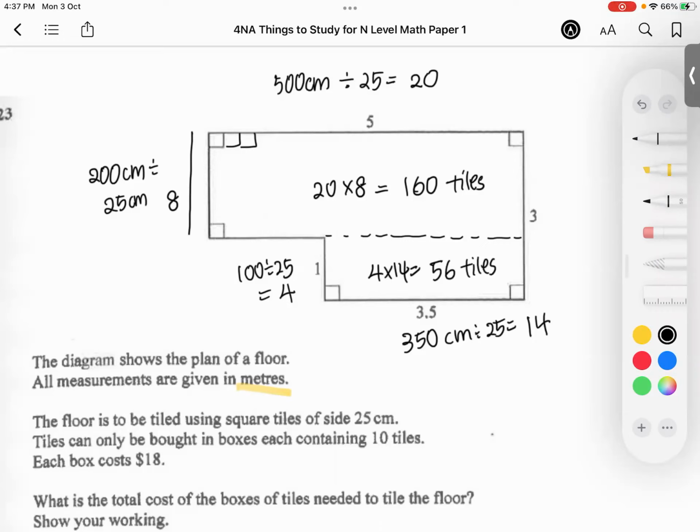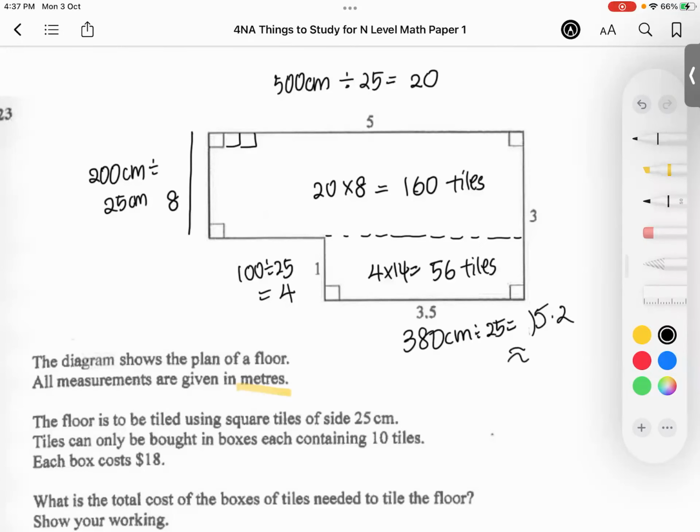Okay. There are cases where this number may not be 340. Let's say this number is 360 or 380, for example. Then 380 divided by 25 is, let's say, 15.2. If I want to buy the tiles, I cannot buy exact.